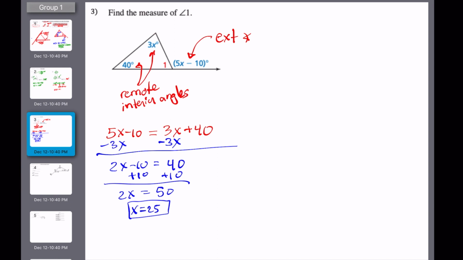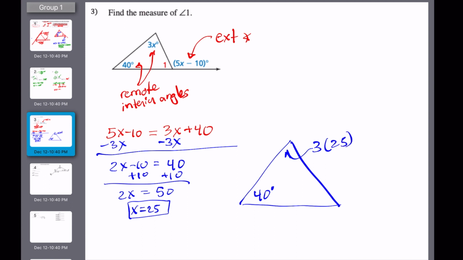So once you have x, you can say, well, let's plug this back in. So they gave us a 40-degree angle, but they gave us that the top angle was 3 times x. Let's make that 3 times 25, since that was our answer for x, which gives us 75 degrees.